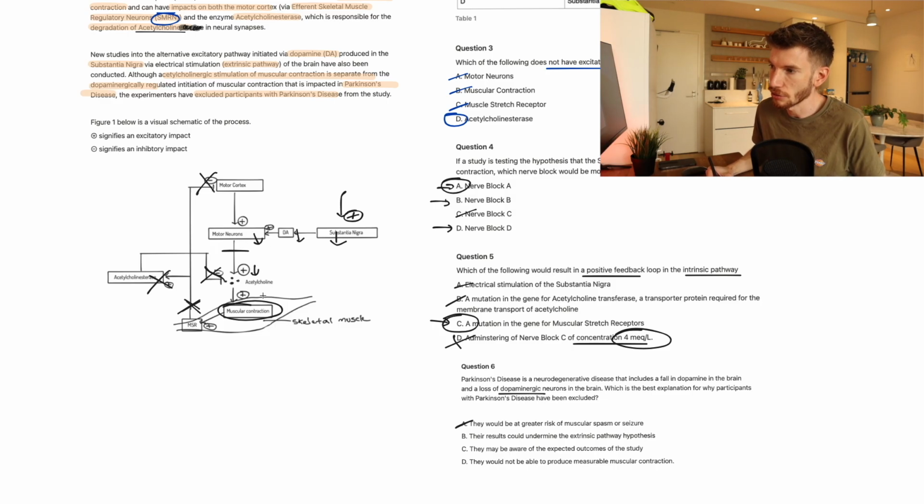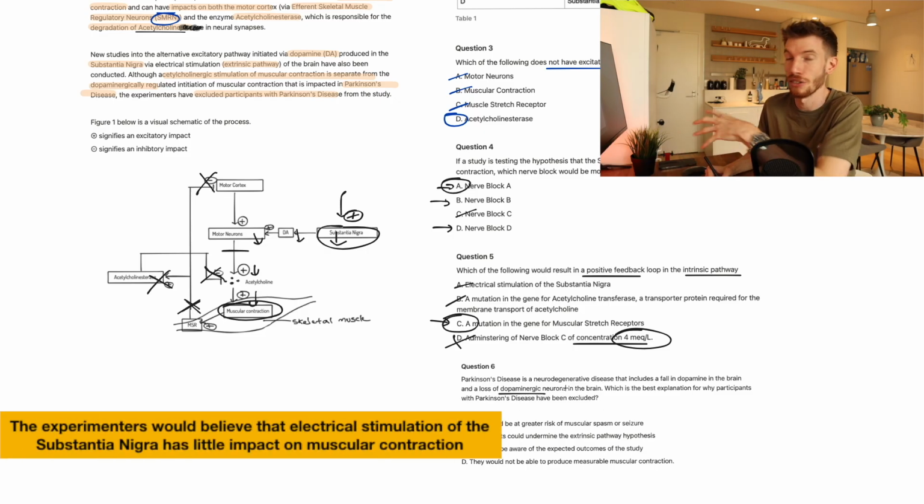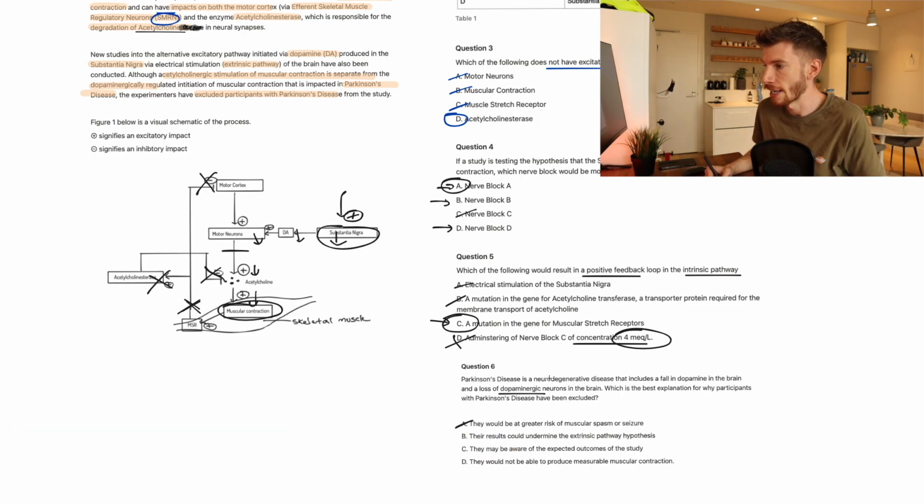And so therefore, if we were to use a Parkinson's patient, we would get less muscular contraction out of stimulation. Whereas if we used a healthy patient, then we would get much more. So in using the Parkinson's patient, that would actually be lowering or underestimating the effects of the substantia nigra potentially because of that limitation, or because of the lack of dopaminergic neurons in their brain. So that would actually be looking pretty good.